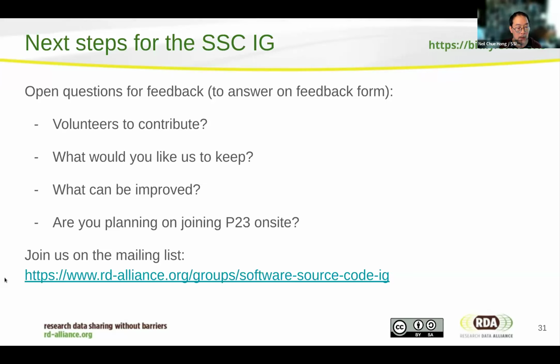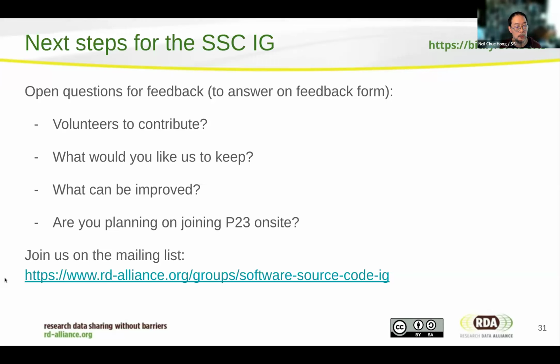And then finally, the last question that we'd like to ask you, we are thinking of doing a session that is primarily on the adoption and future roadmap of the FAIR principles for research software.